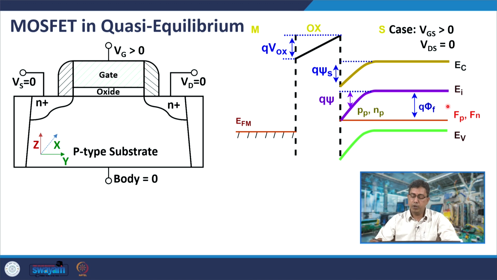There can be no movement of electrons or holes across this oxide, since we are assuming it to be an ideal oxide. So, there is no current anywhere. If there is no current anywhere, electron current, for example, is proportional to electron concentration and the gradient of the Fermi level Fn.